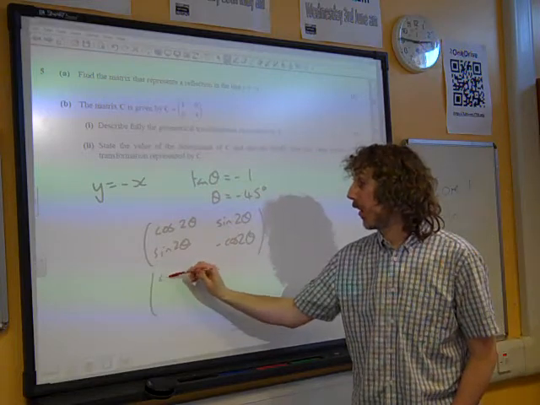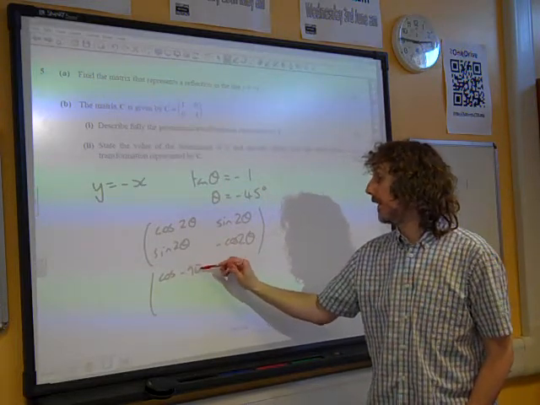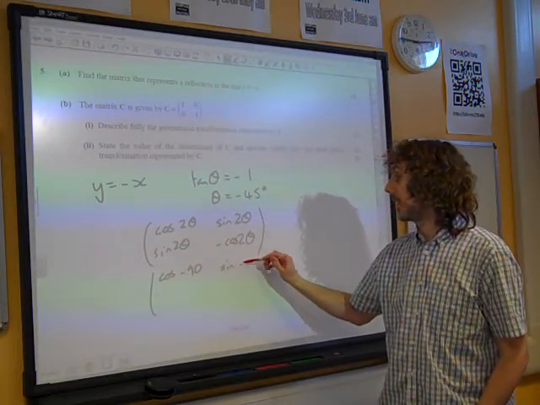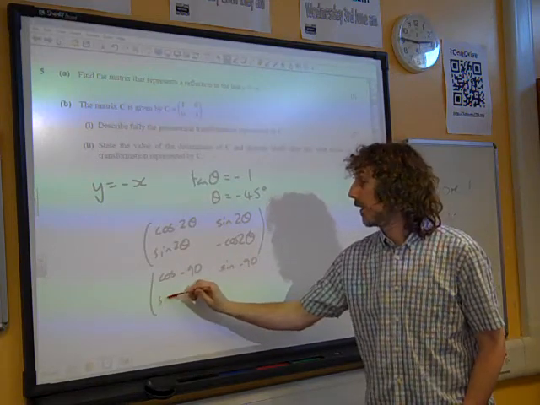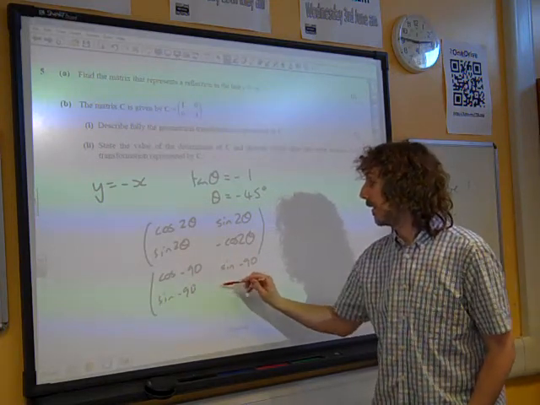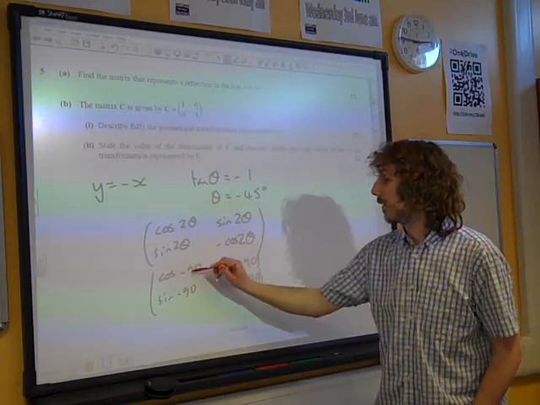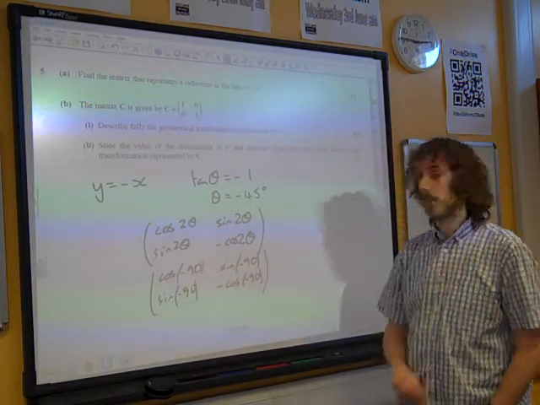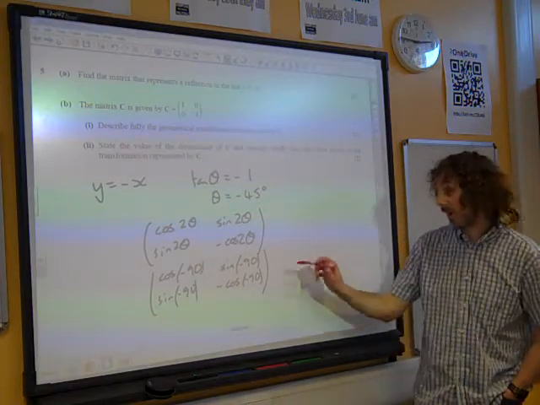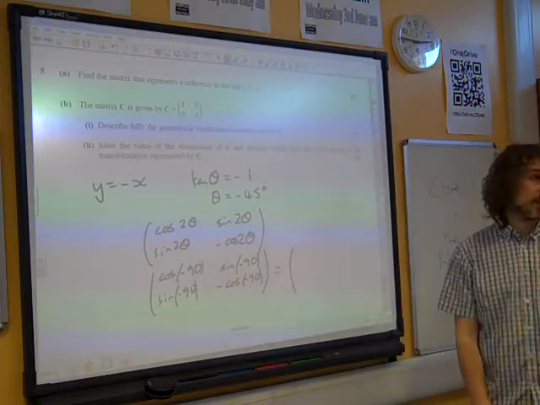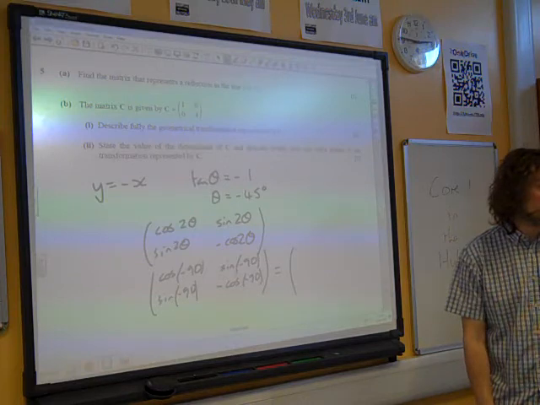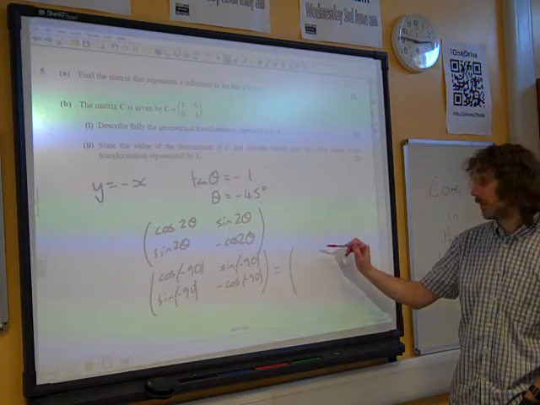So that's the matrix cos minus 90, sine minus 90, sine minus 90, minus cos minus 90. Which is quite an easy thing to work out. Stick it in the calculator, or just remember from the graph, cos of minus 90 is 0.